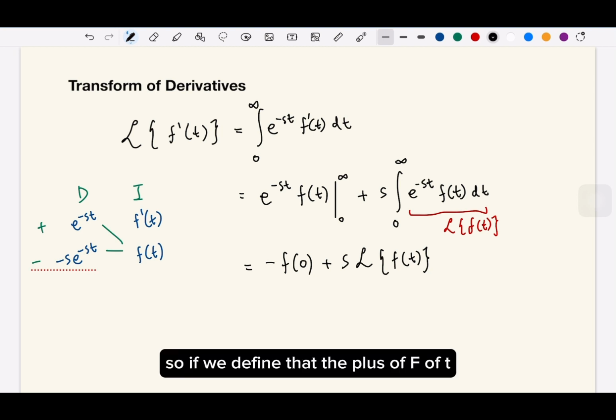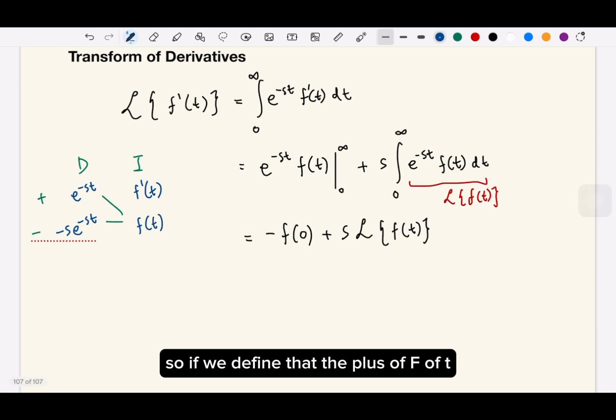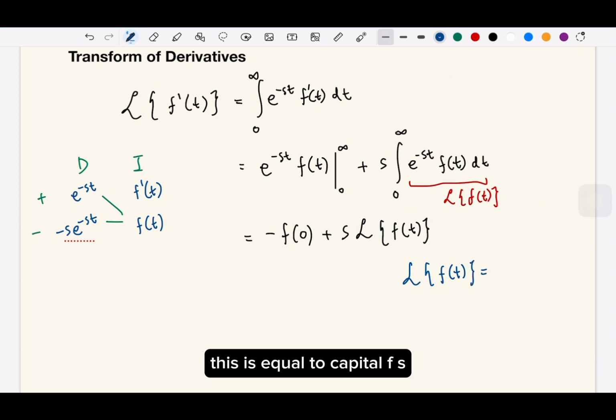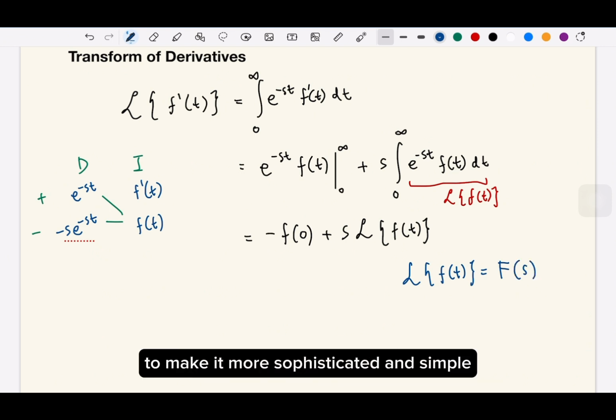So if we define that the Laplace of f of t, as we mentioned previously in the inverse, is equal to capital F of s, let's change to this to make it more simple.